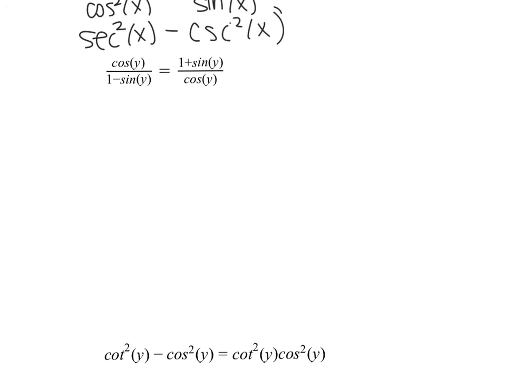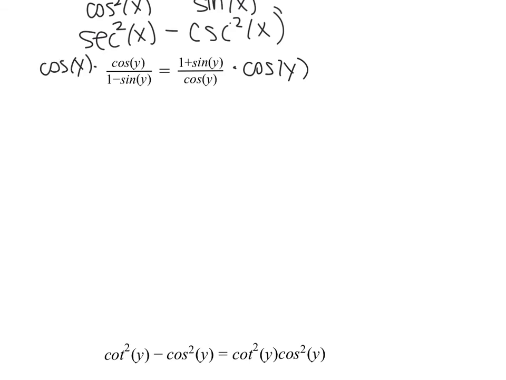Next, we want to verify cosine of y over 1 minus sine of y equals 1 plus sine of y over cosine y. Now, because both sides are fractions, it's a little bit more difficult to verify that two fractions are the same. So what I'm going to do is make one side not a fraction. So I'm going to multiply both sides by cosine of y.